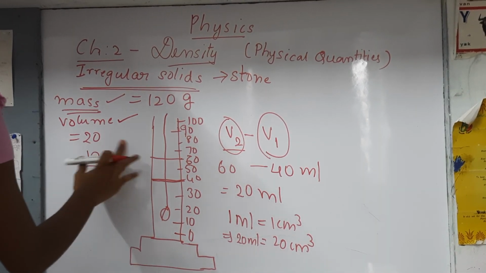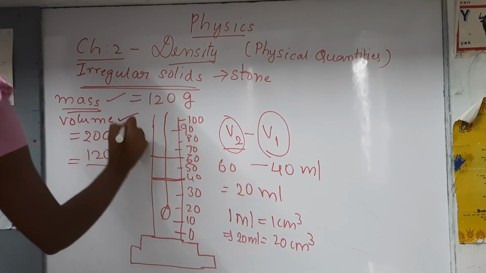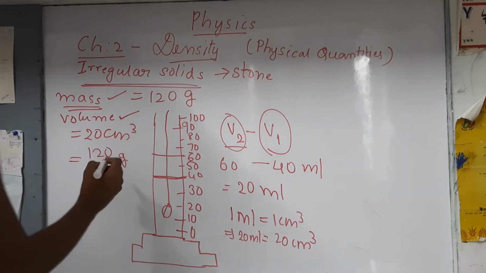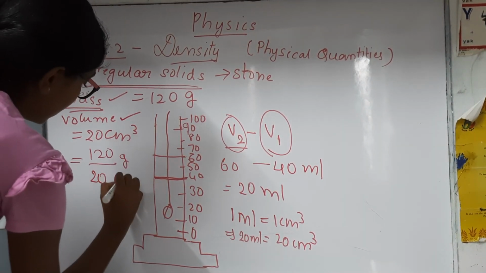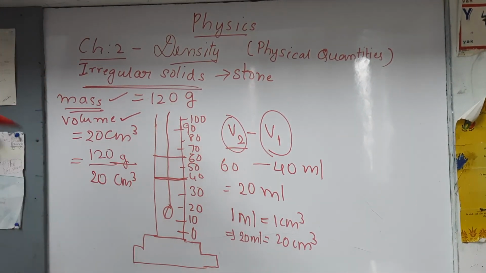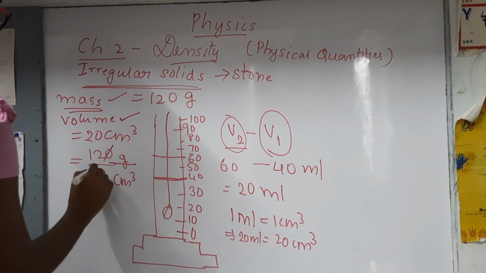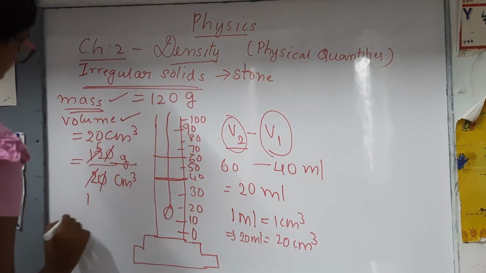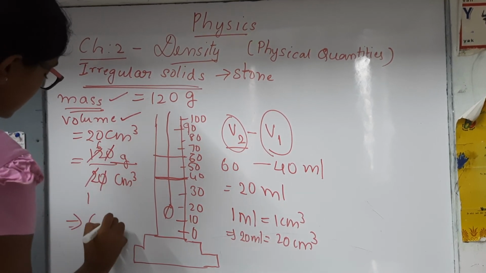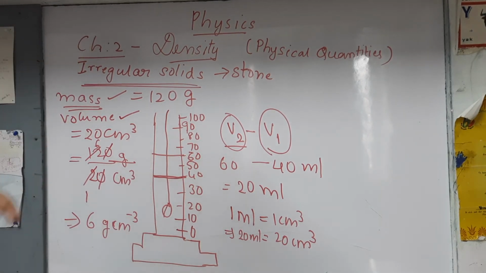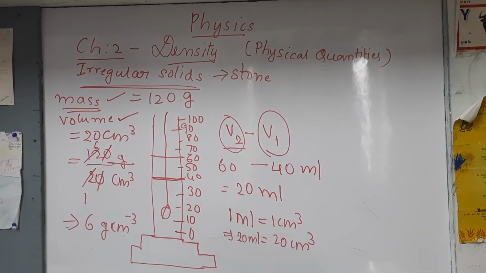Let me write the volume as 20 centimeter cube. If you write it as ml it is also correct, but if you take mass in grams, you should use centimeter cube. So my answer will be 6 gram centimeter raised to minus 3. The density of the stone is 6 gram centimeter raised to minus 3.